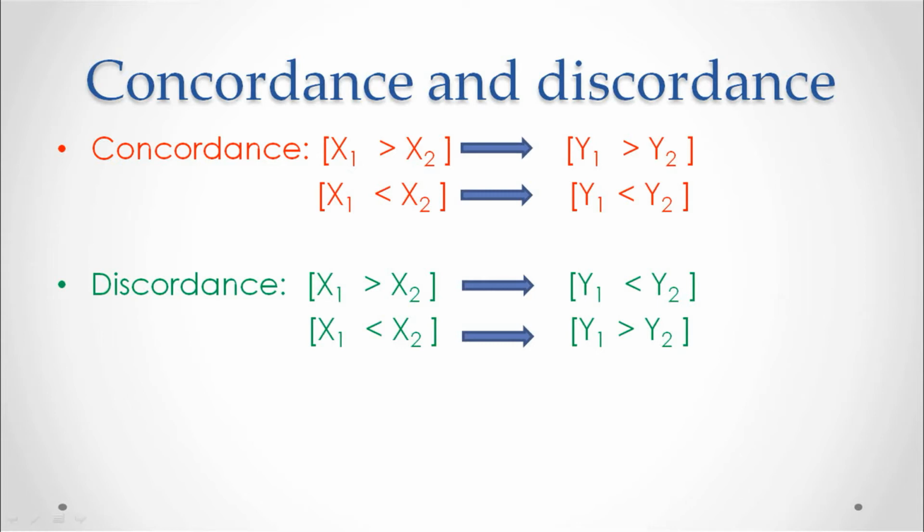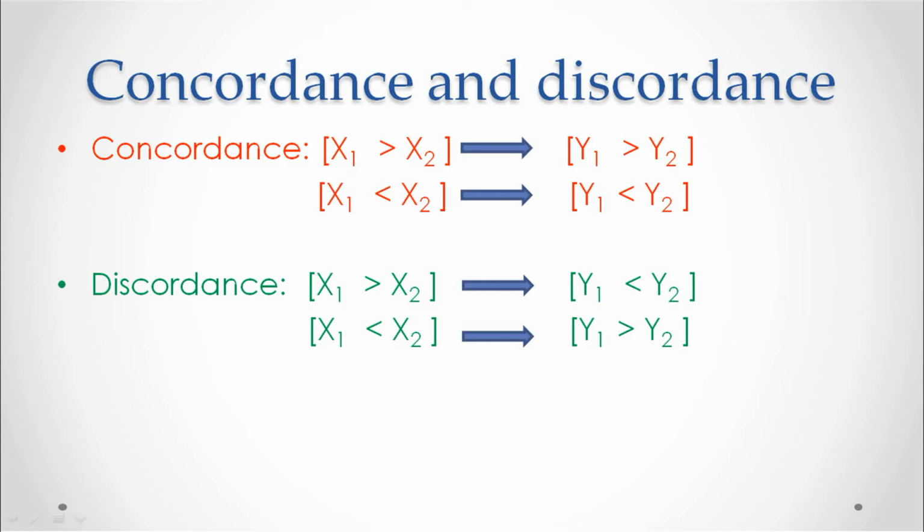What this means basically is that the individual who is ranked higher on the x variable is also ranked higher on the y variable. We have the reverse situation of discordance if x1 is greater than x2 but y1 is less than y2, or x1 is less than x2 but y1 is greater than y2.